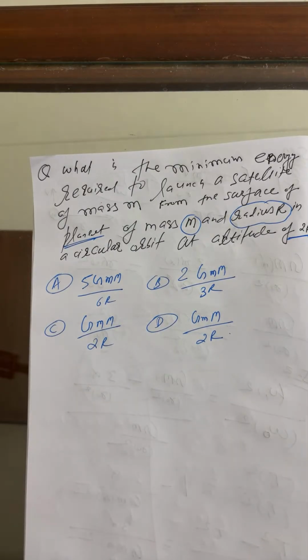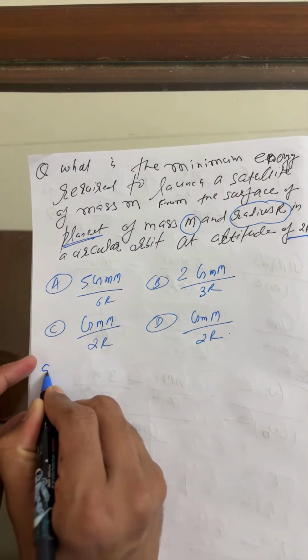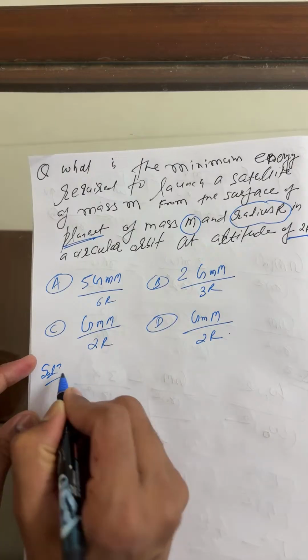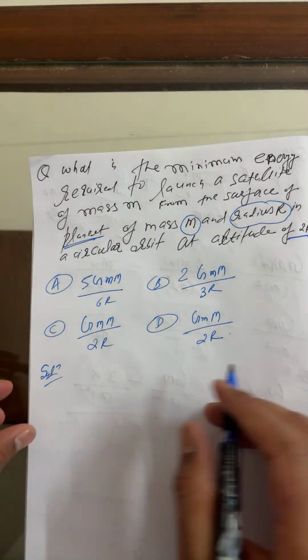Now, students, for the questionnaire, we'll just go through this. They mentioned the condition for a satellite here. Do one thing: what's the answer of the question? I don't know, we'll go through this.